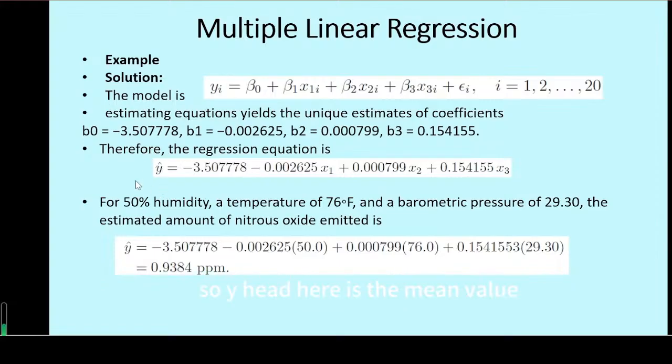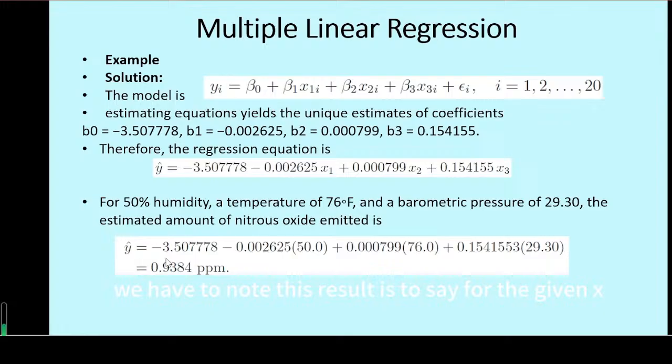So y hat here is the mean value given xi. Y hat equals the coefficients times the x independent variables. For these values of the independent variables, we just fill in the values and get about 0.9384 ppm for this y value.